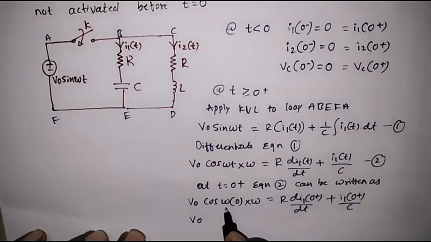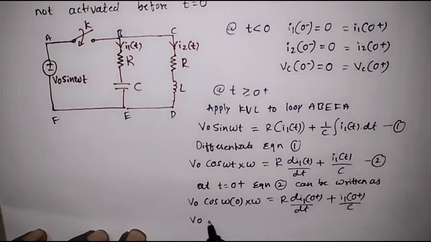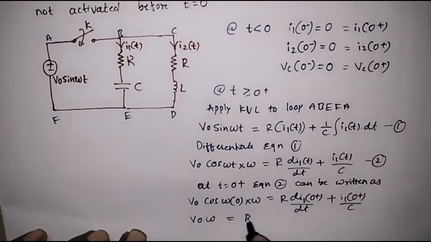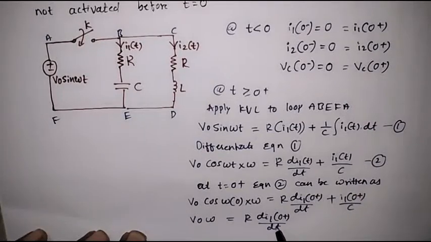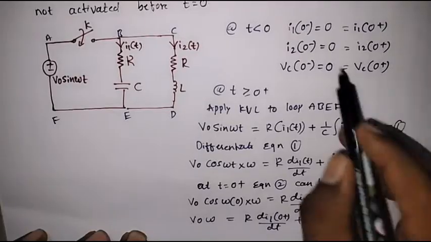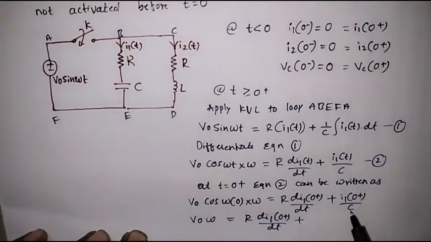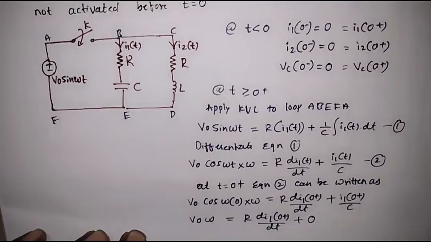We'll simplify this. In V0 cos omega t, t is 0, so the argument is 0, and the value of cos 0 is 1, so we get V0 omega is equal to R di1(0+)/dt. This is kept as it is, because we are supposed to calculate di1(0+)/dt. I1(0+) value is 0, so 0 by C is also 0.